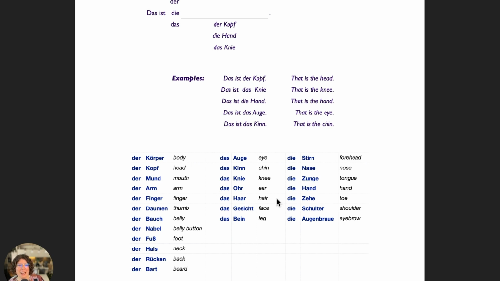Das ist das Haar. Das ist die Augenbraue. Das ist der Arm. Das ist der Fuß. Das ist die Nase.